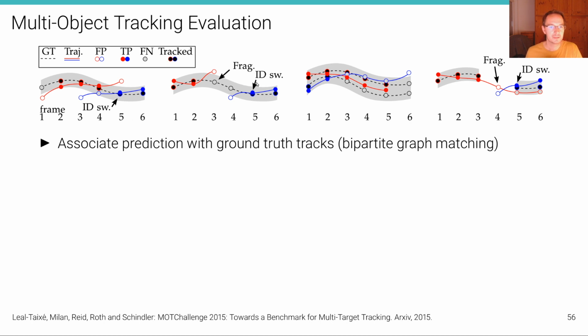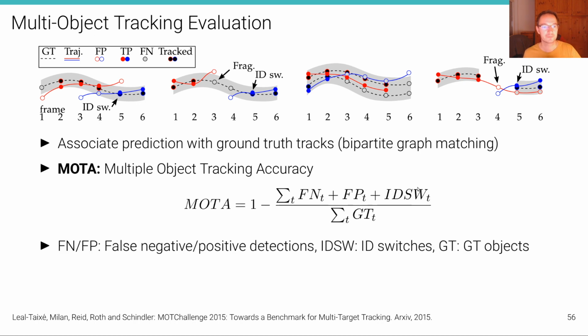Yeah, and so these are different situations for different ground truth and object track predictions. So the first step is to associate predictions using some graph matching technique, and that's also the algorithm that's running on the server, for example, on the MOT challenge server or on the KITTI evaluation server for evaluation.